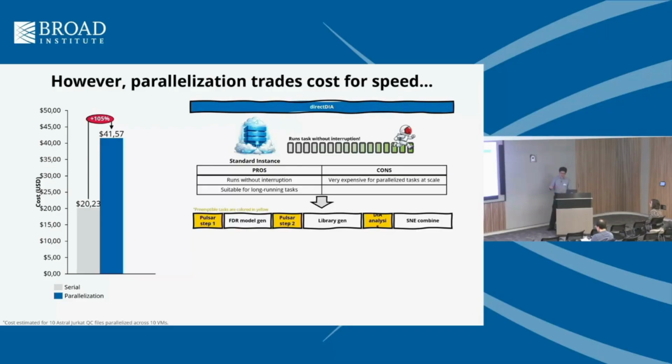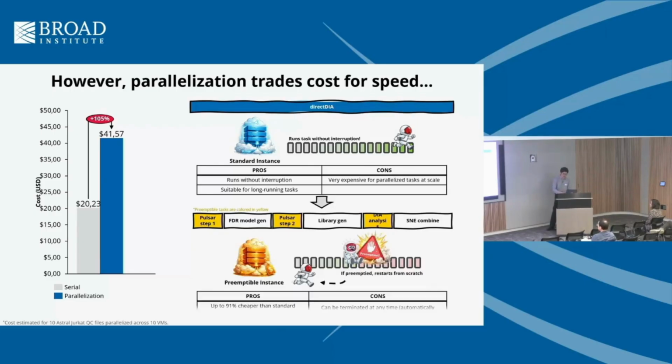Coming back to the standard instances, the reason I bring it up is that there's another type of instance on the cloud called preemptible instances. The major difference is that preemptible instances are up to 91% cheaper than the standard instances.